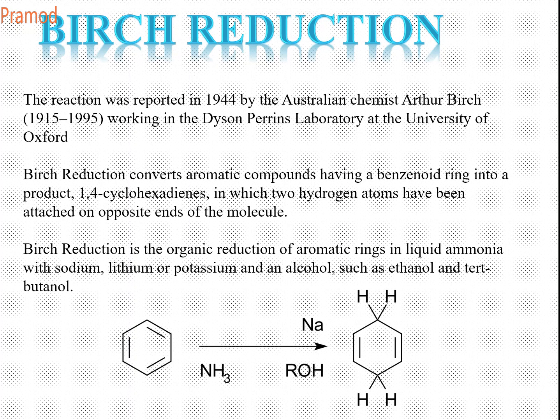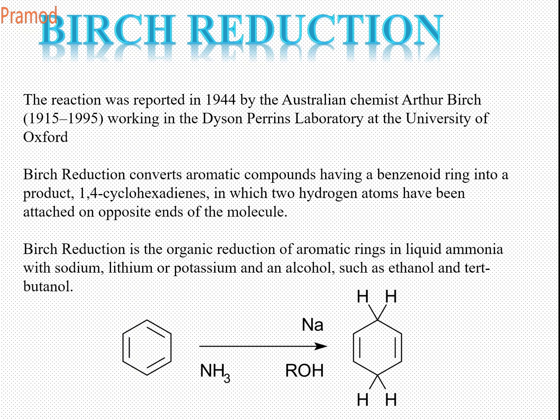So this benzene reacts with liquid ammonia in the presence of sodium and a solvent such as alcohols like ethanol or tertiary butanol to give the corresponding 1,4-cyclohexadiene, where the hydrogen atoms are introduced at the opposite ends of the benzene, at the 1 and 4 positions of the benzene ring.